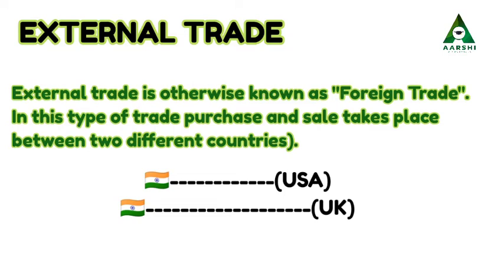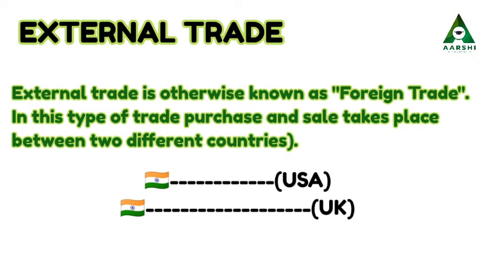So it will be regarded as import trade, means when our country used to purchase goods and services from other country or trade with other country, it will be regarded as import trade. Now, what is export trade? Where our country sell goods and services to outside country, it will regarded as export trade. In import trade, goods came into our country, but in export trade, we transfer goods to other country, foreign countries.